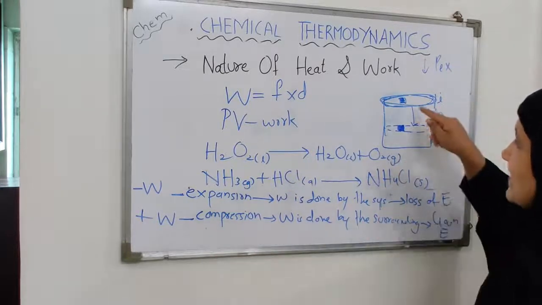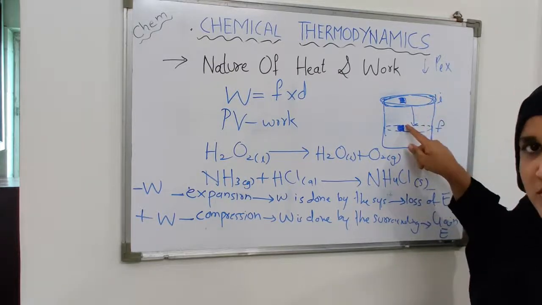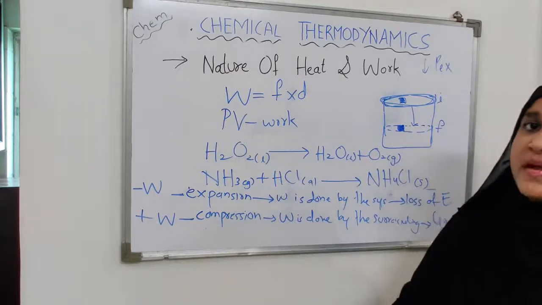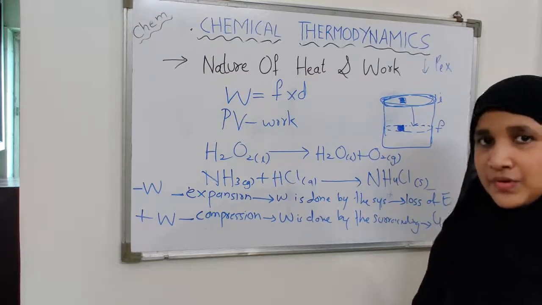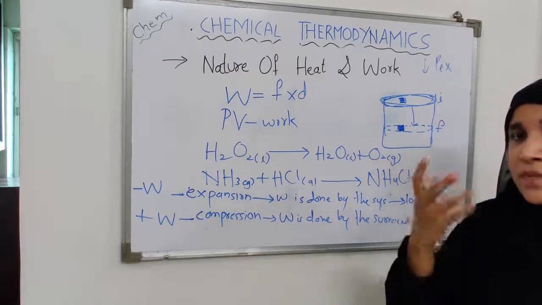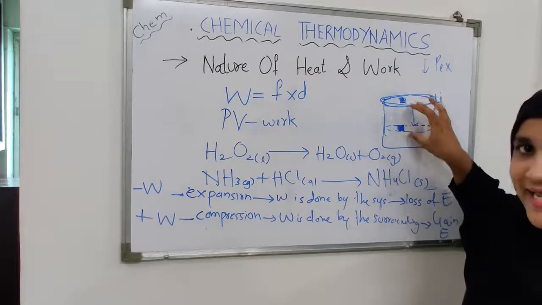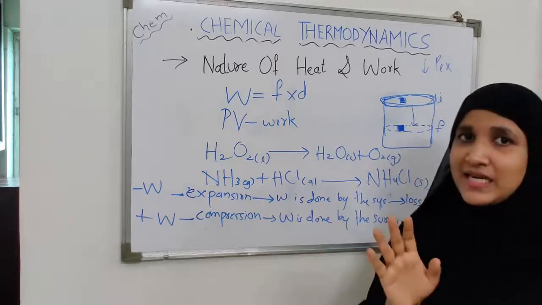So here what is happening? The object is moving from one position to another due to the difference in the pressure and volume, which causes expansion or compression of the system. Due to this expansion and compression, the object on the piston is moving through distance d. So displacement is taking place, therefore work is taking place.